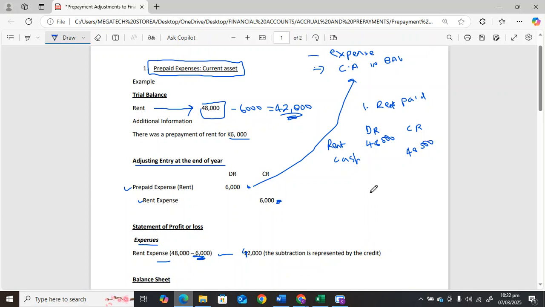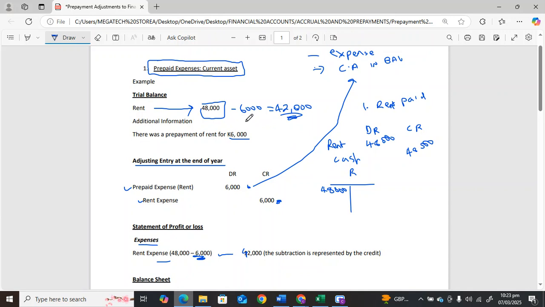Originally in the T account for rent, you have 48,000, and you found out there is a prepayment of 6,000. This prepayment, we need to remove.